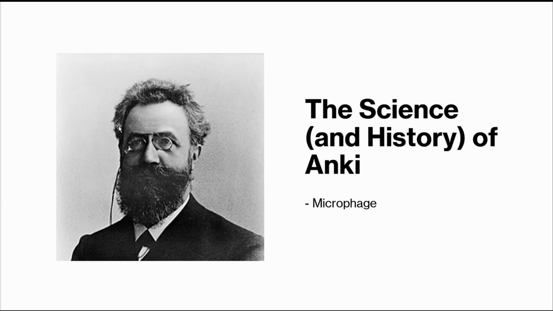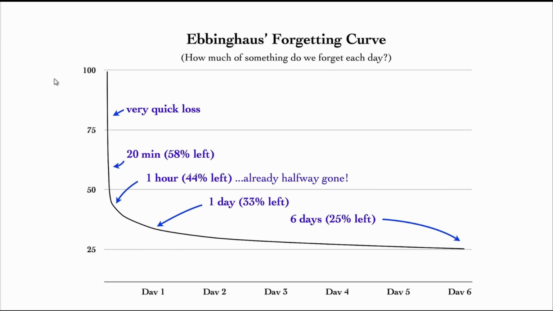He conducted a lot of studies on memory, how memory works, and he came up with the concept of spaced repetition and active recall. He came up with a curve, the Ebbinghaus forgetting curve, which shows how much of something we forget each day.